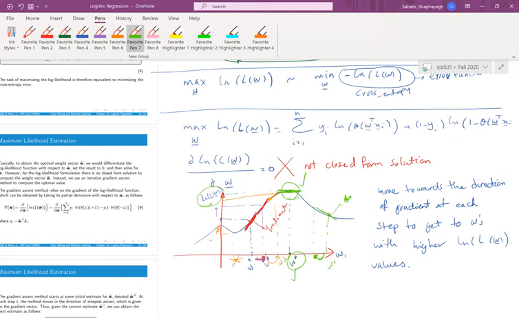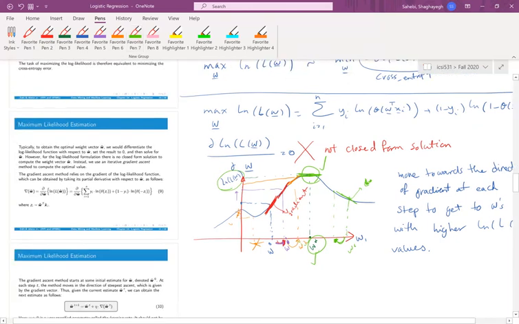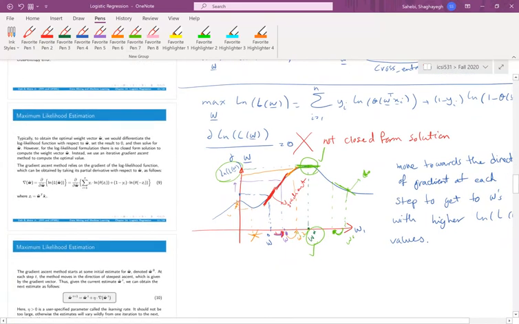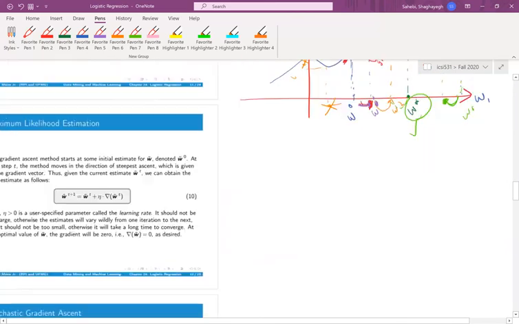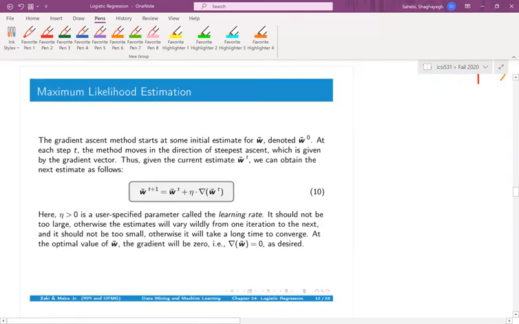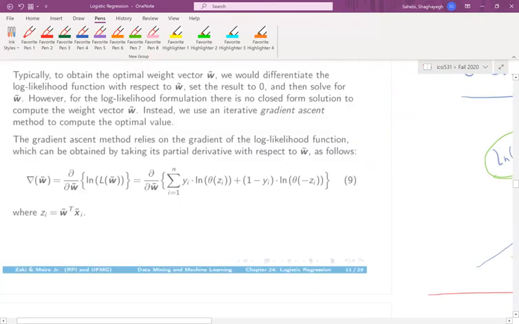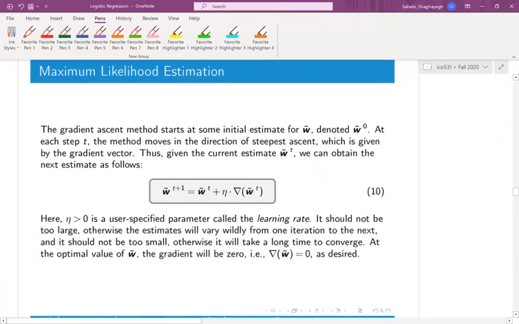And we can see what kind of a stopping criterion is. So basically, this is what we are going to do. We start at some initial value for W, we call it W0.